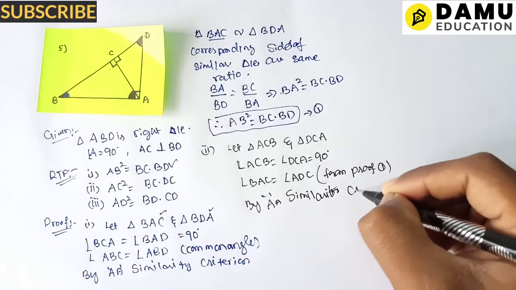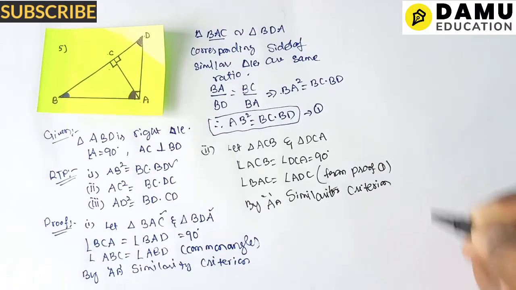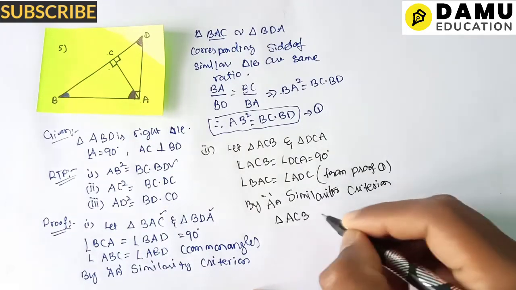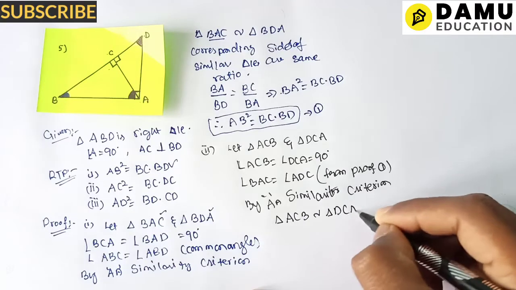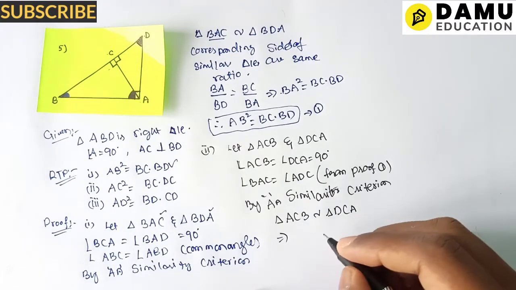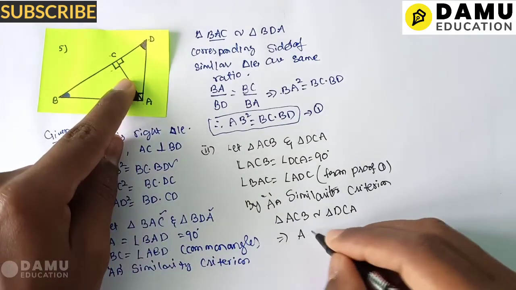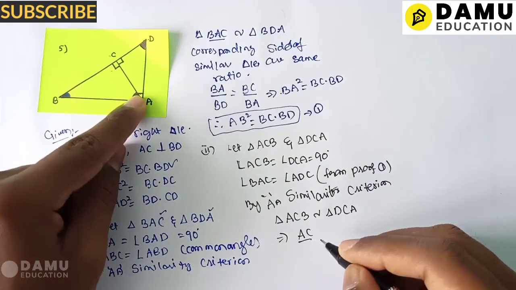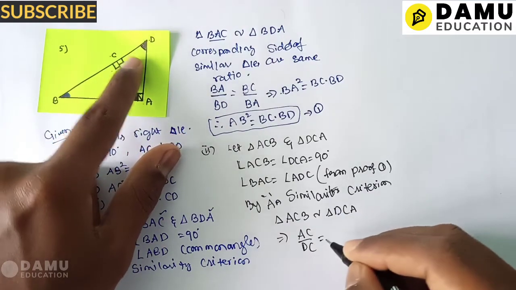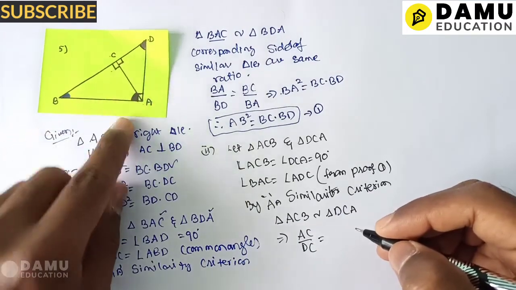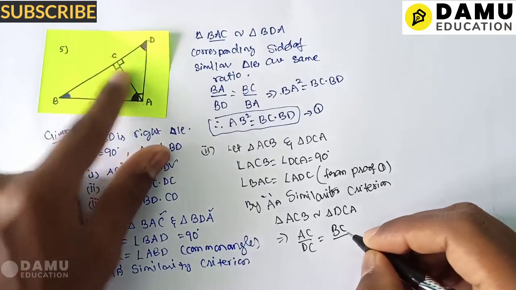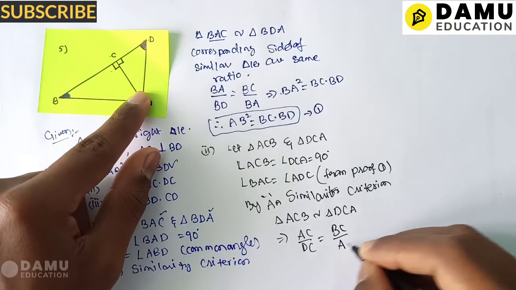So triangle ACB is similar to triangle DCA. From that, the ratios: AC by DC, the heights, equals BC by CA, or AC.